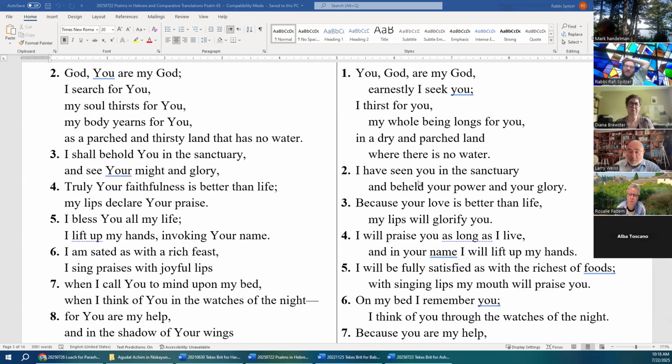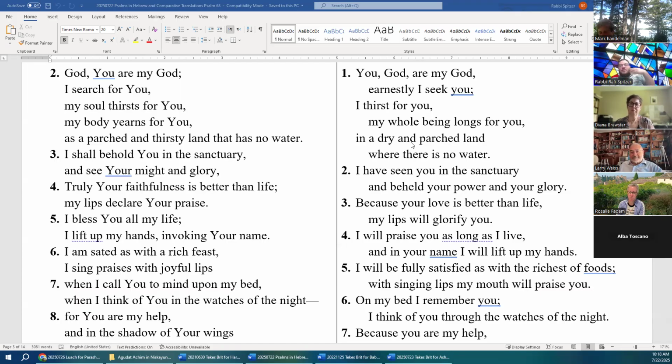I also think that there's something about the physicality of that image that connects back to the first verse: my soul thirsts for you, my body longs for you, my body is like a dry land where there is no water. Something about that image feels like it's also in the throat, right? So at the beginning and at the end, he is parched.